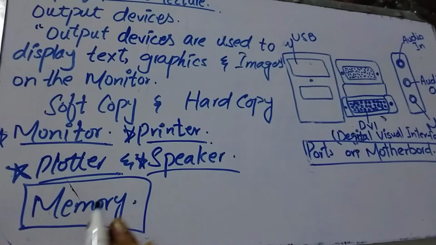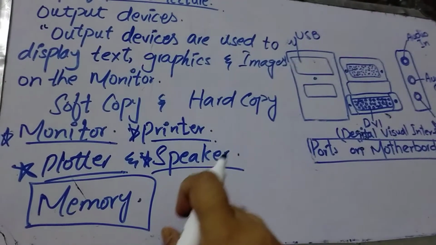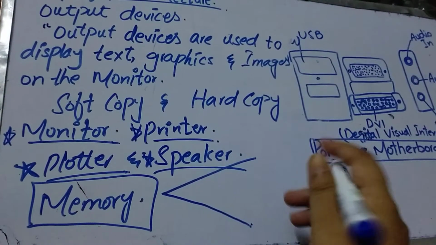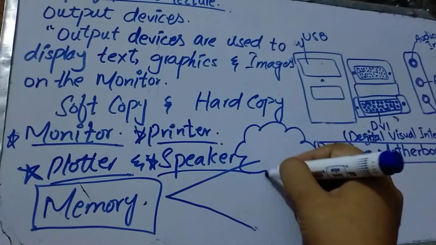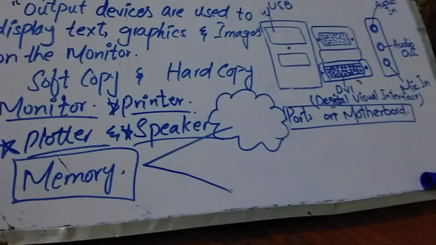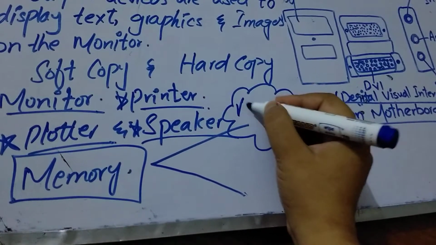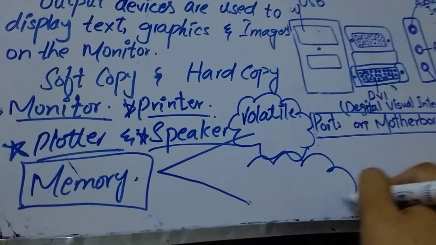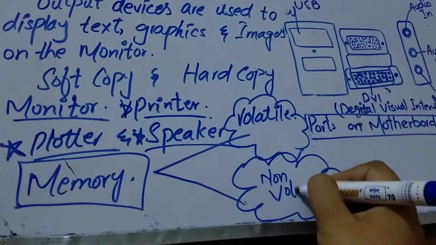I told you before, discussing the word memory, we should know about two words. What were the two words? That was volatile and non-volatile.